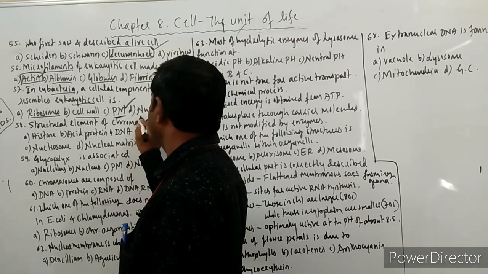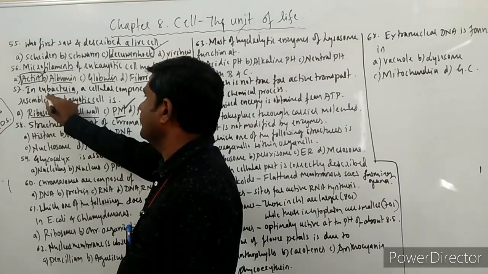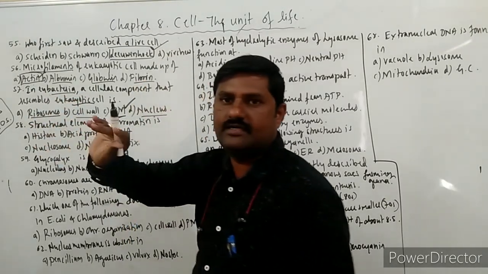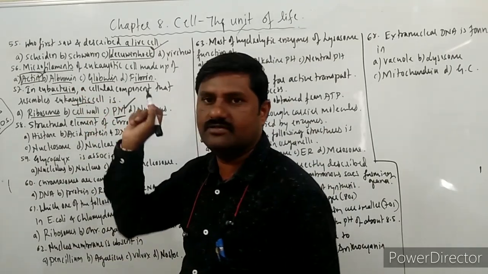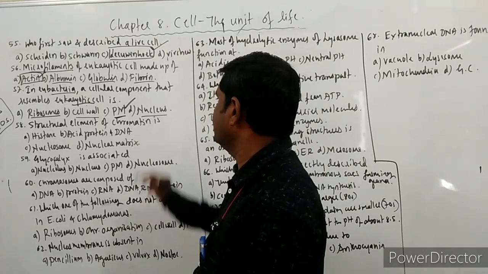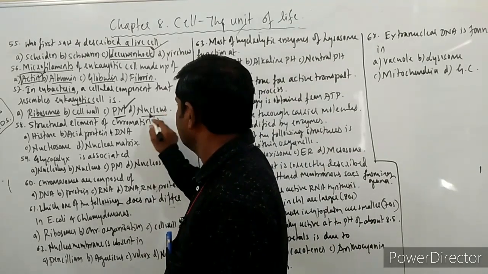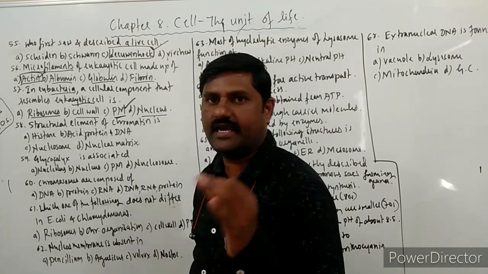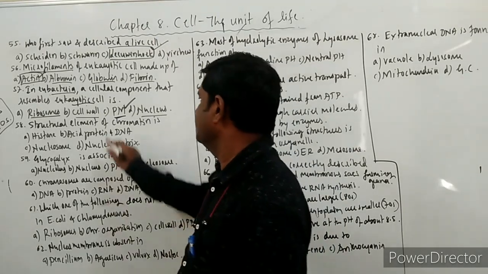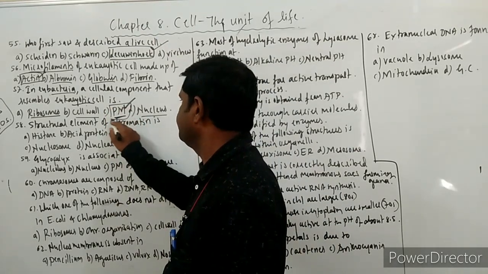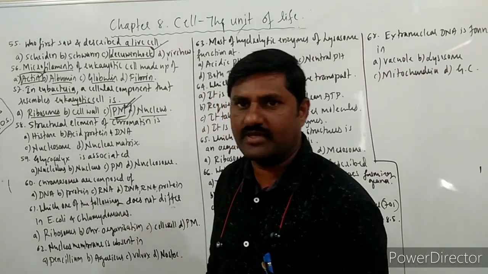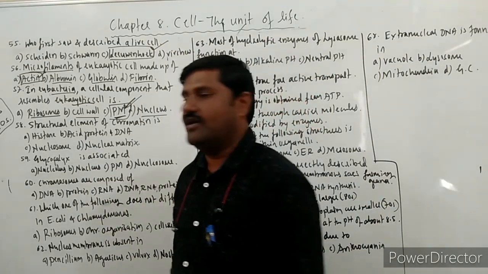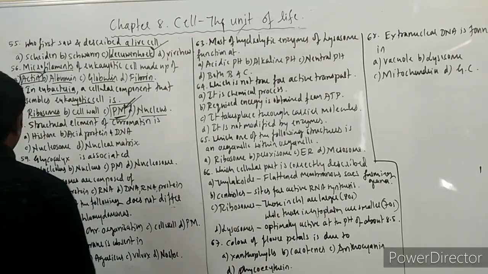But in case of nucleus, the prokaryotic cell, that is eubacteria, doesn't have a true nucleus, and the eukaryotic cell has a true nucleus. So nucleus is also not the answer. The correct answer for this one is the plasma membrane. It resembles in both the eukaryotic as well as prokaryotic cell. That's why option C is the correct answer for this question.